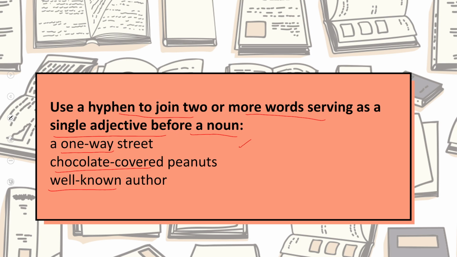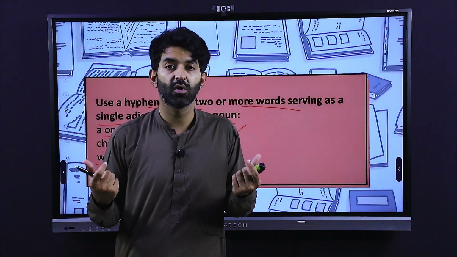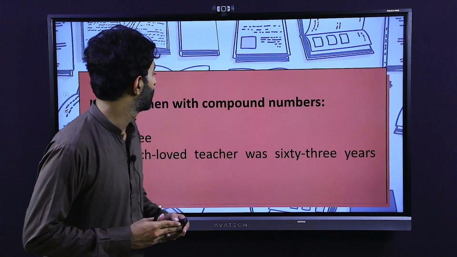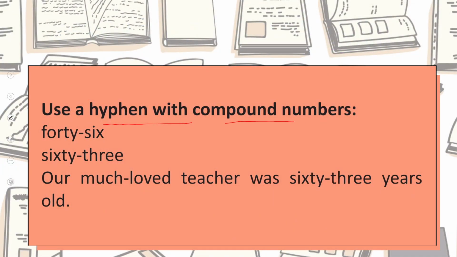This is also a very important rule, and by using it, you can clearly modify your noun: street, peanuts, or author. These compound adjectives will be treated as one because they are joined with a hyphen.